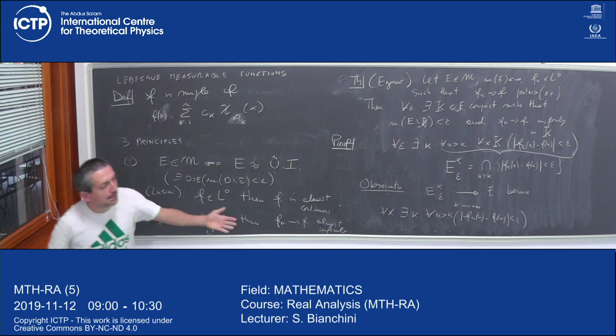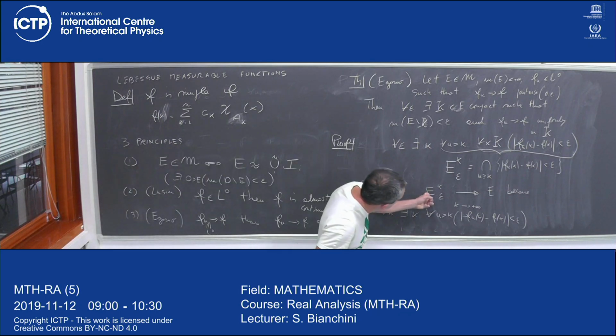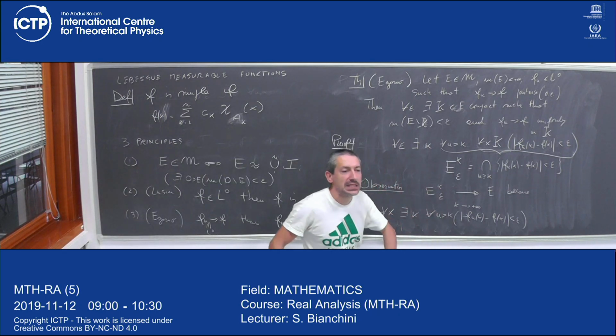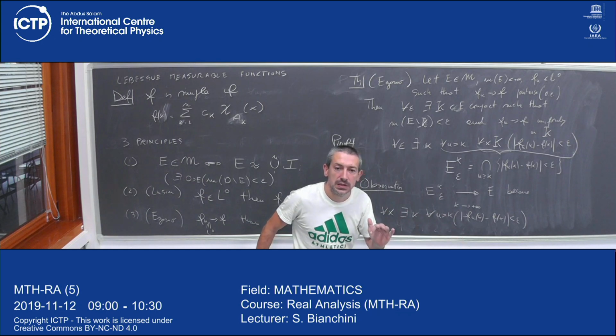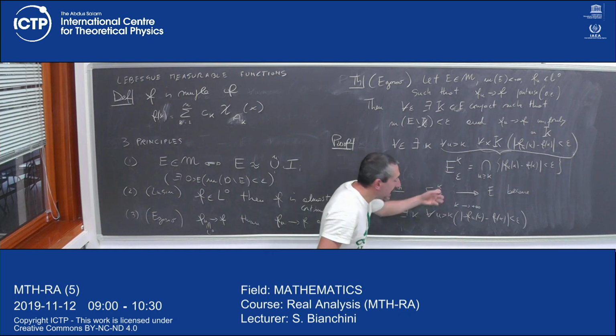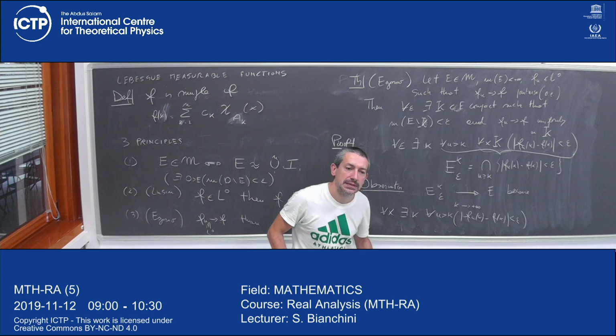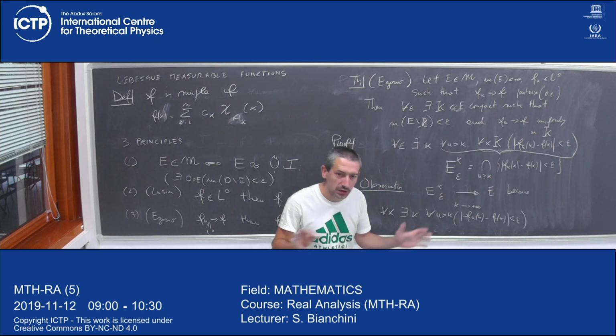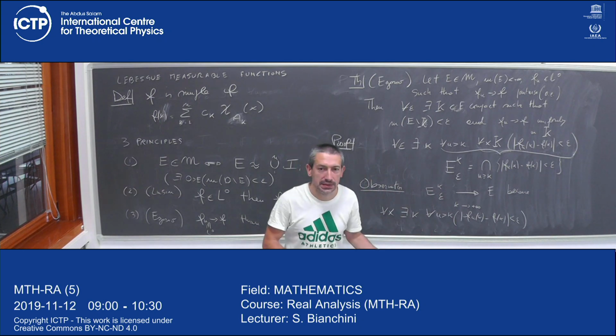So every x at some point enters in one of these E_k^epsilon when k is sufficiently large. You give me x, I give you a k such that x is inside the set. Do you agree? You don't agree?